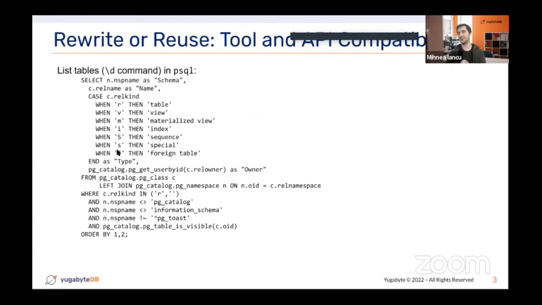And if you look at this query, you see that it uses case statements, it uses joins, it uses stored procedures for formatting and for comparing certain things, order by, and all sorts of things. So just getting the very basic list tables to work requires quite a bit of SQL coverage just to get that first step. And obviously it only gets harder from there.